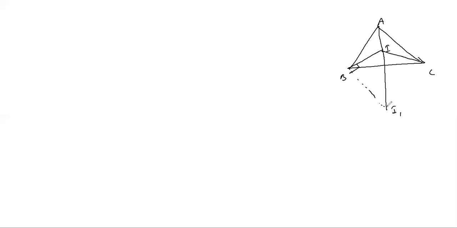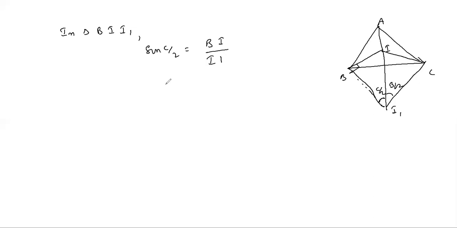This is C by 2, this is B by 2. Now consider triangle BII1, where this is 90 degrees. Sine C by 2: the opposite side is BI, and the hypotenuse is II1. So II1 equals BI into cosecant C by 2.